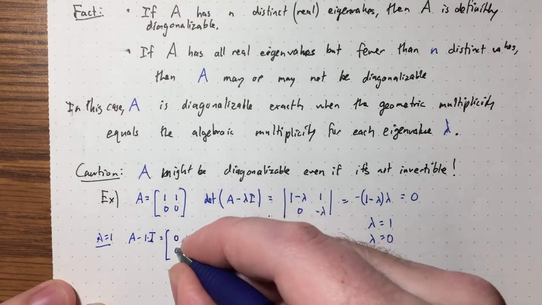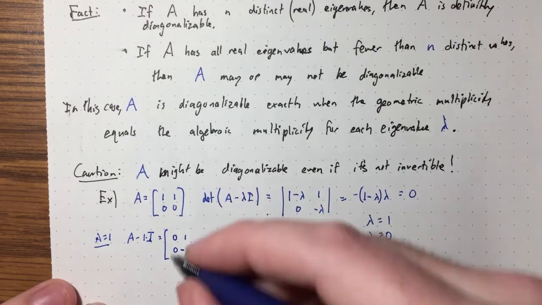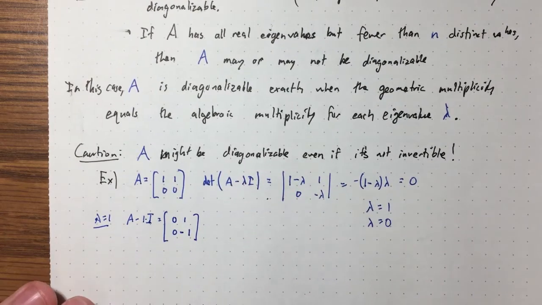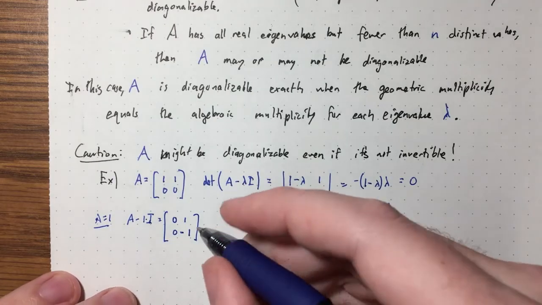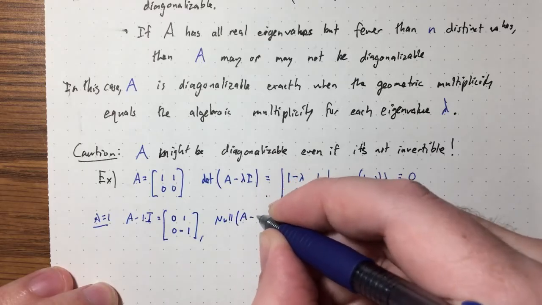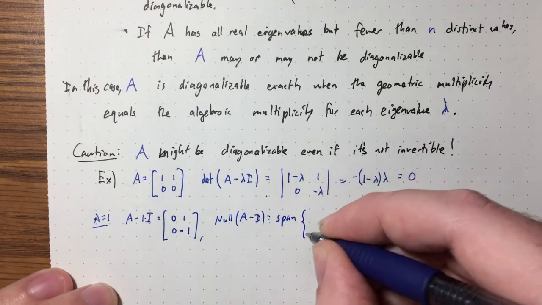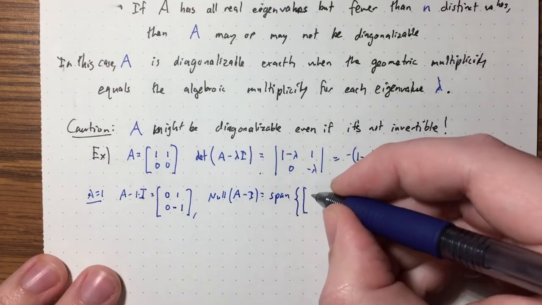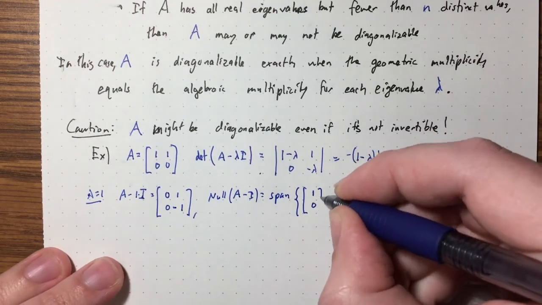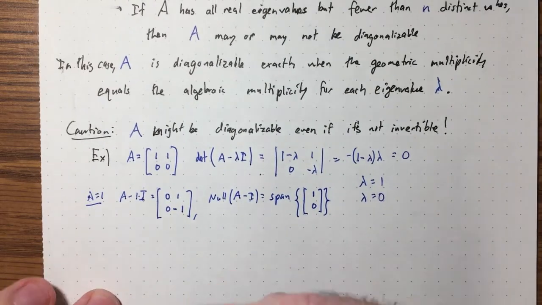It's 0, 1, 0, minus 1. Did I do that right? I think so. So the null space of that matrix is the span of, hopefully you're getting good at seeing these null spaces, 1, 0. Take 1 in the first column, none in the second column.